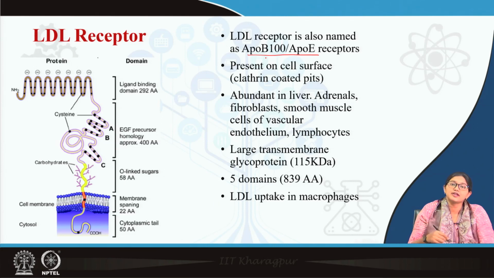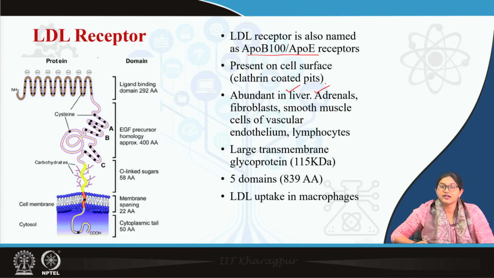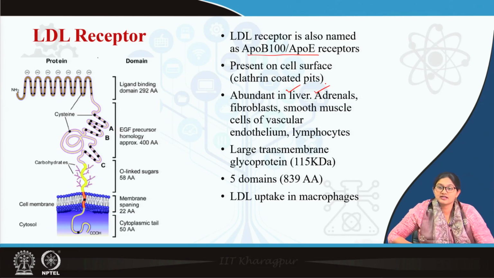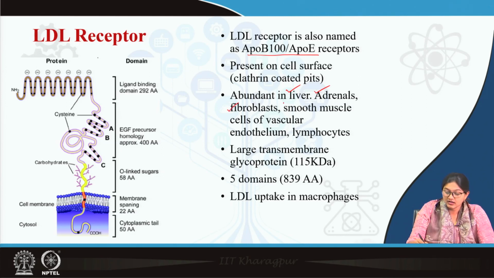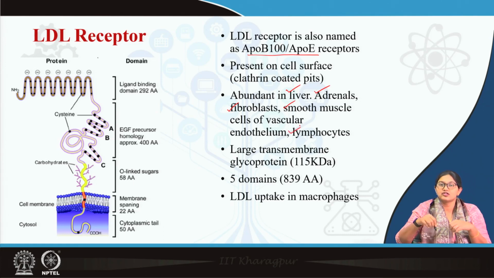This LDL receptor is present on the cell surface of different types of cells, mainly liver, then peripheral tissues like adrenal glands, steroid hormone synthesizing tissues like ovary, testes, fibroblasts, smooth muscle cells of vascular endothelium, and lymphocytes. On the cell surface of these cells, the LDL receptor is present in clathrin coated pits.